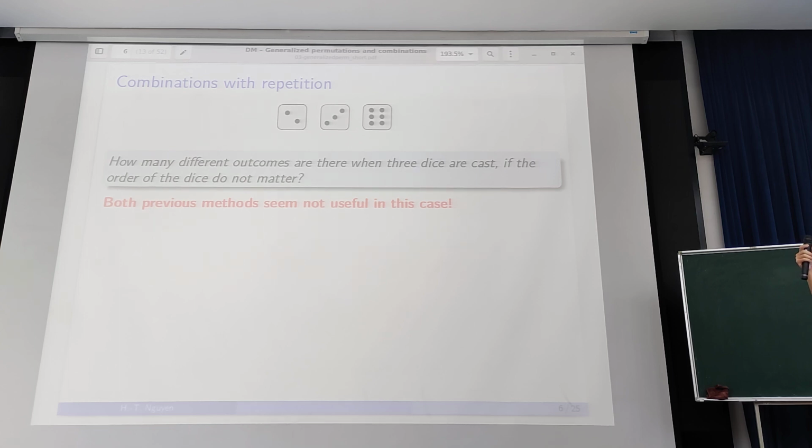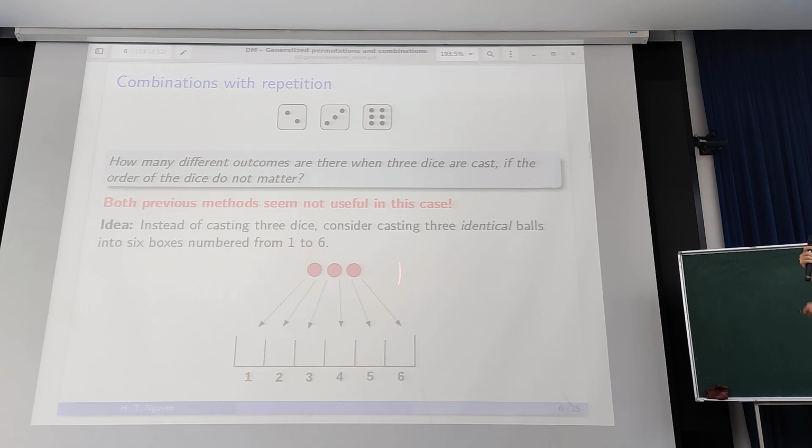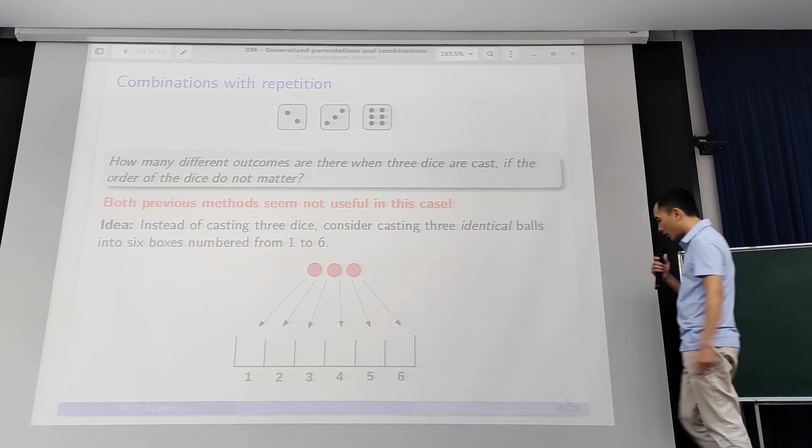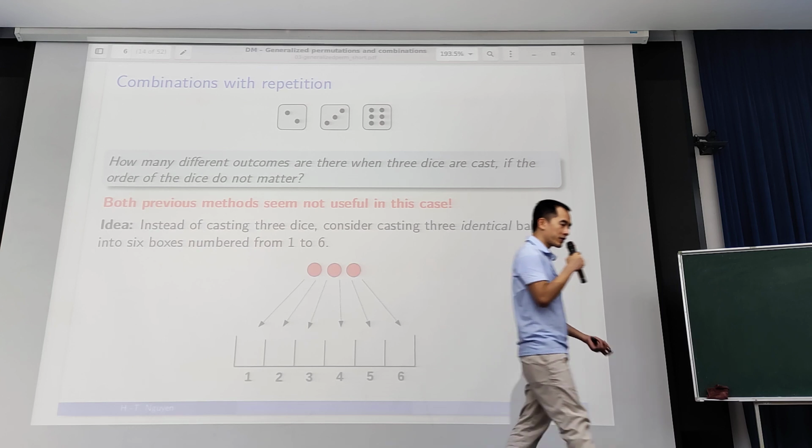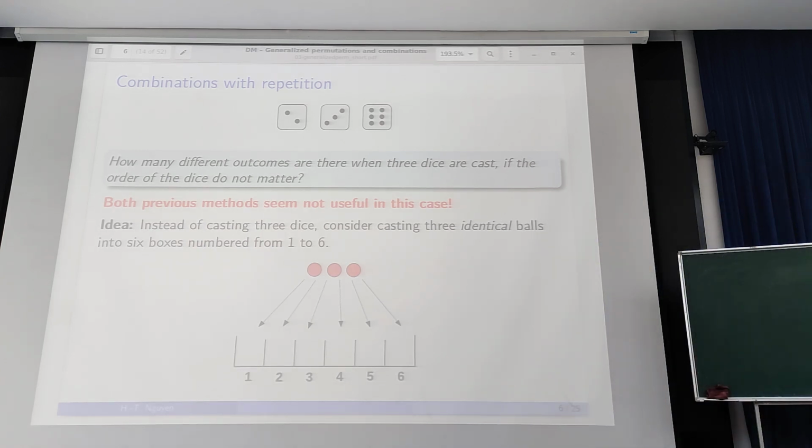Okay. So of course there is a very clever way, which is not trivial. The argument that we will use to solve this problem is that instead of throwing a die, we consider throwing a ball into one of the 6 boxes.